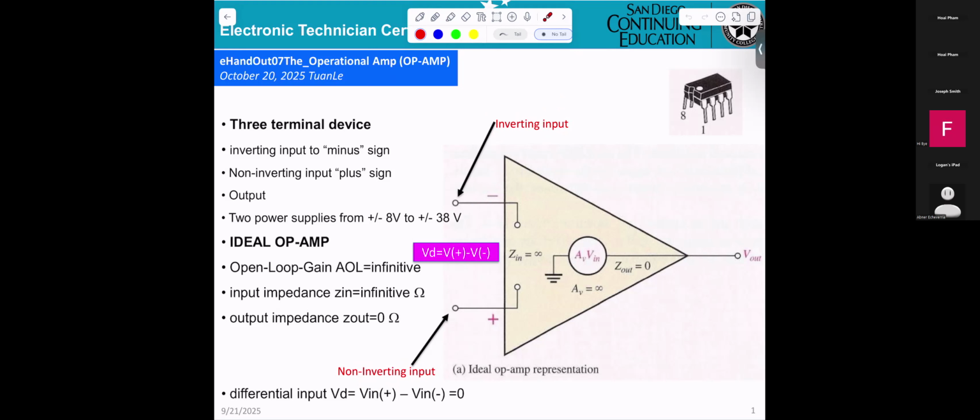And what is VD? The difference voltage between the positive input and the negative input, and they want it to be 0. That's only telling you that V at the positive and V at the negative input will be the same. Okay?